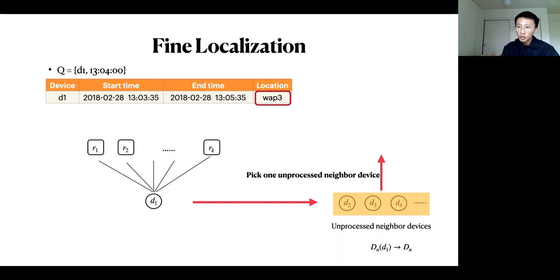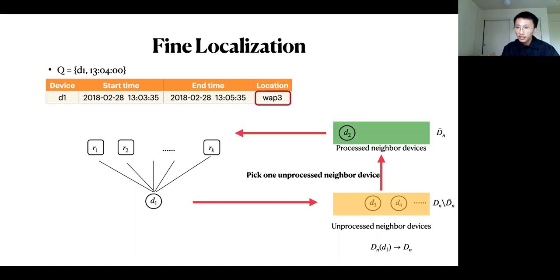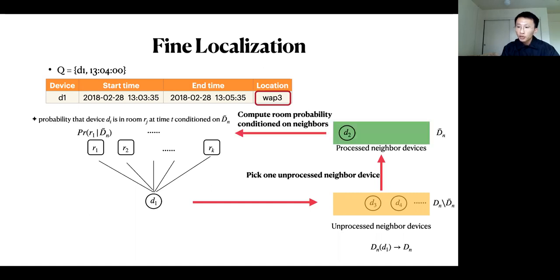Specifically, in each iteration, we pick a neighbor device from the unprocessed device set into the processed device set, and compute a conditional probability for each room based on the processed neighbor device set. This conditional probability is the probability that device D1 is in this room when we observed the processed neighbor devices.